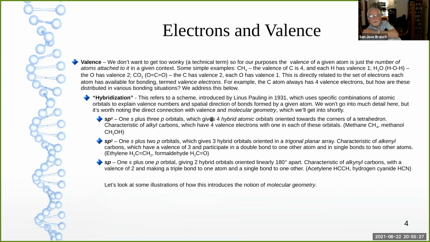So not to go into too much detail, but this is what you'll commonly see, and you would definitely get this in organic chemistry in college. But I think it's totally understandable without going into the other stuff that you would get in organic chemistry. These are concepts that kind of stand on their own.